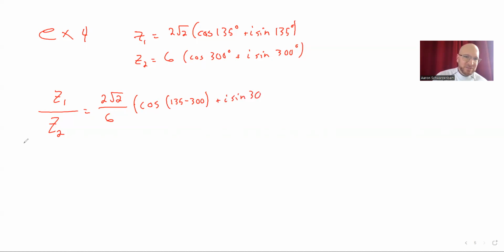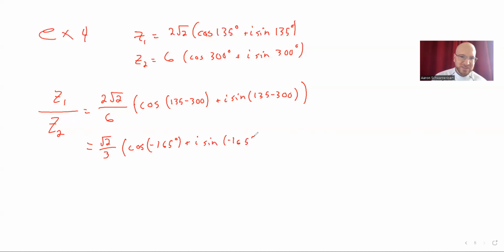This one is probably easier because if you converted them both by hand, you'd then have to rationalize the denominator to do your division if you converted first. This is probably actually easier to do in polar form first. Square root of 2 over, I can reduce the 2/3, cosine negative 165 plus i sine negative 165.